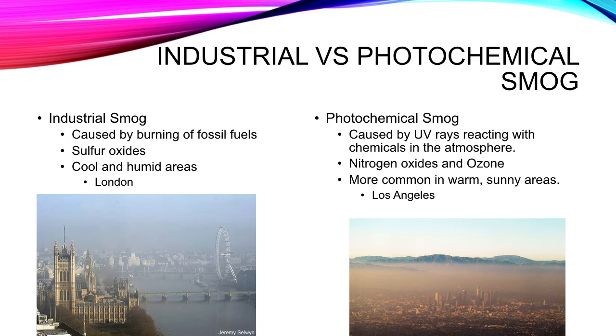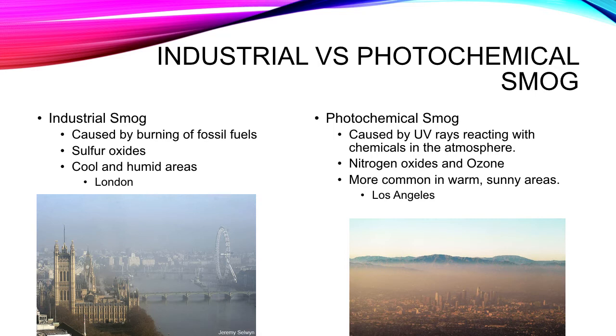This is a good slide that summarizes the main difference between industrial smog and photochemical smog. Industrial smog is caused by the burning of fossil fuels. One of the main components of industrial smog is sulfur oxides. Remember, sulfur oxides can interact with water in the atmosphere, producing sulfuric acid, which can fall to the ground as acid rain.